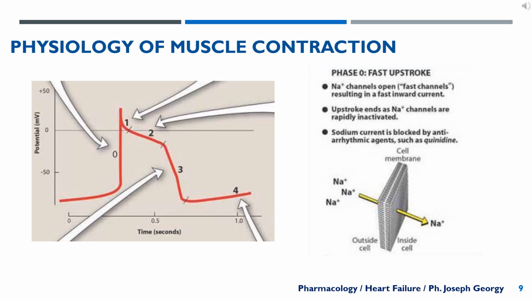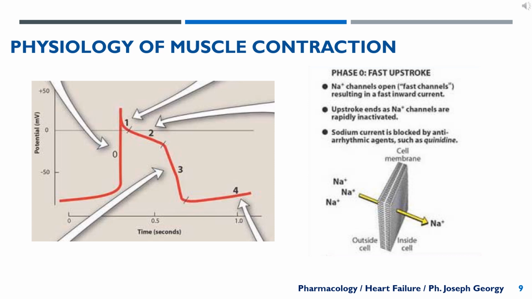So if we take a look here at this figure, which represents the cell membrane, as we see, we have outside the cell and inside the cell. From the outside into the inside, there is a flow of sodium positive ions or cations. This flow is due to the fact that we have sodium channels, and these sodium channels open.